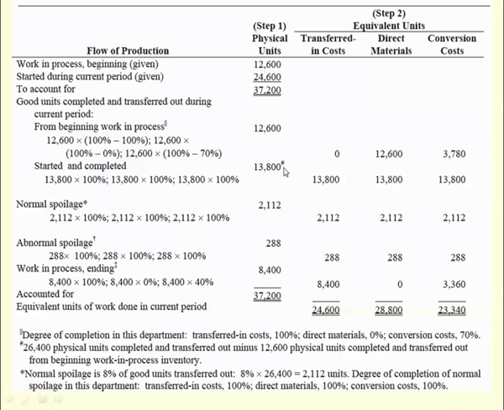So started and completed units are 13,800 units. 100% for transfer in, direct material, and conversion cost. Normal spoilage is 8% of good units transferred out, so 8% multiplied by 26,400, which equals 2,112 units. Degree of completion of normal spoilage, 100% transfer in, 100% direct material, and 100% conversion costs.